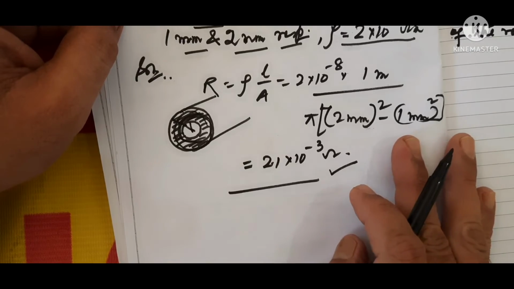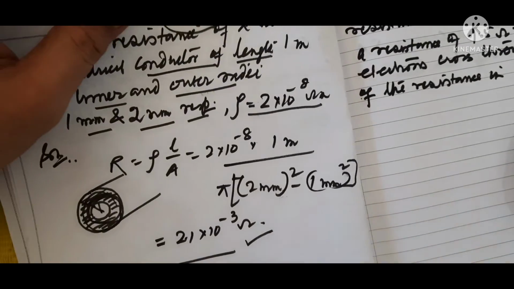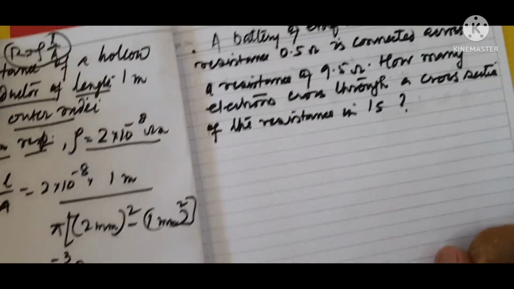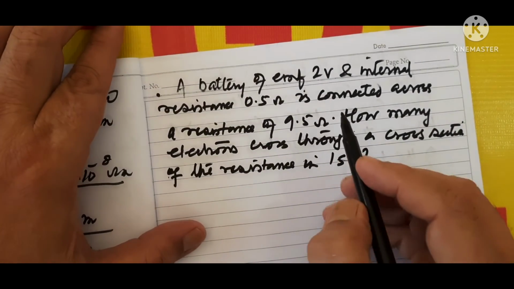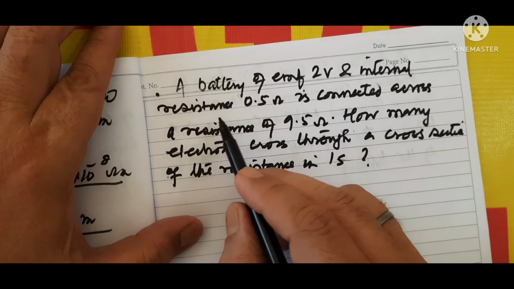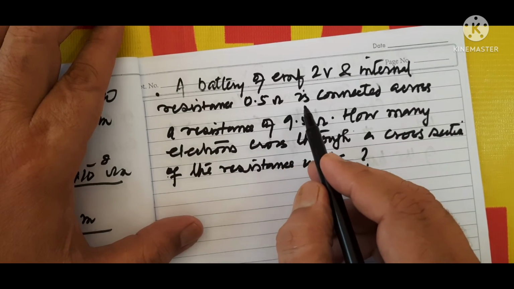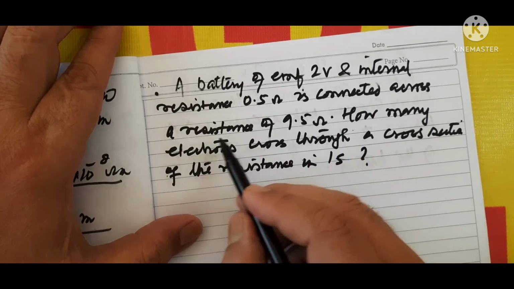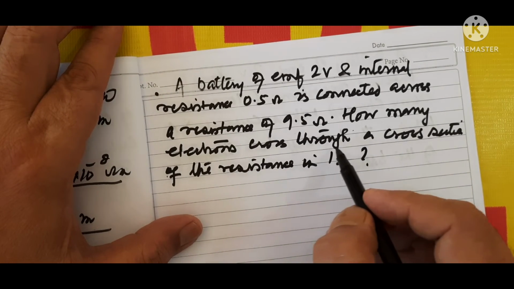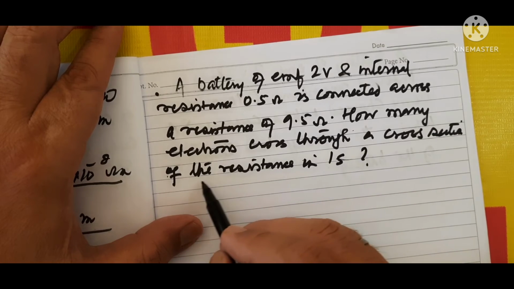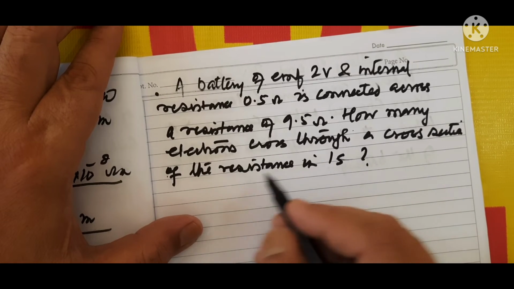Right? Another question: a battery of EMF 2 volt and internal resistance 0.5 ohm is connected across a resistance of 9.5 ohm. How many electrons cross through a cross section of the resistance in 1 second?